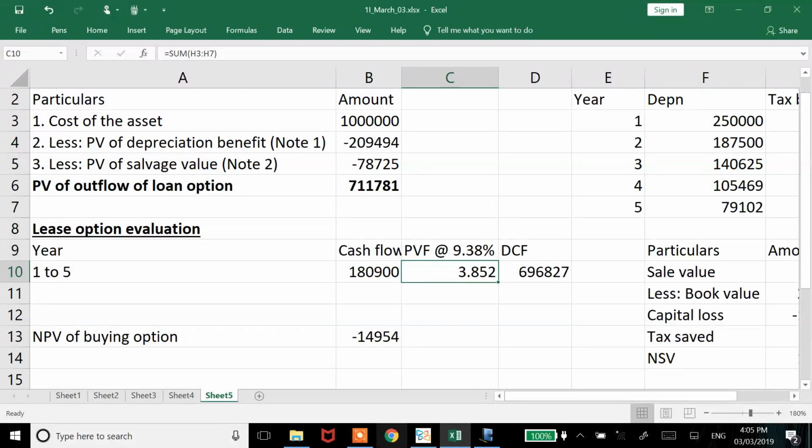Now you see lease looks to be better, and again we'll do an NPV. Like loan we did an NPV, lease also will. Now earlier we had a positive NPV, now we'll have a negative NPV.